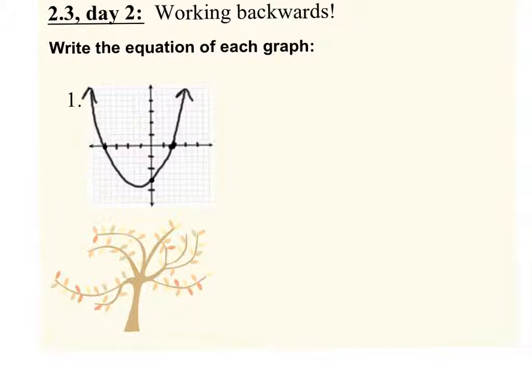Okay, a couple things to notice first of all here. This is a degree 2 polynomial, which means it's a quadratic. I see it's got 2 x-intercepts, and that is really where I'm going to start the process here. It's got an x-intercept at x equals 2.